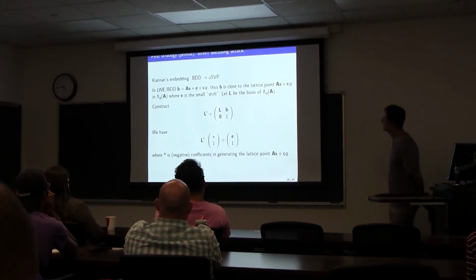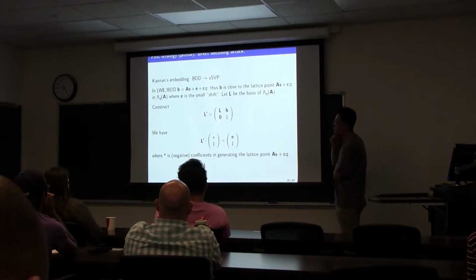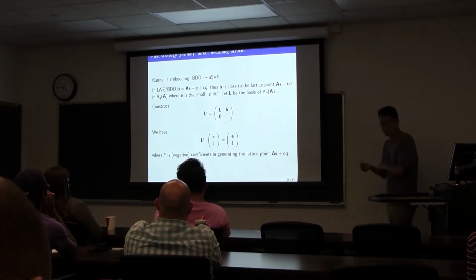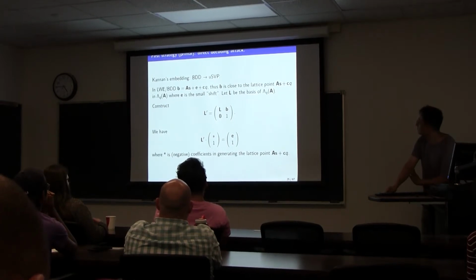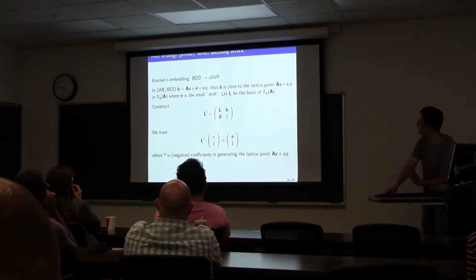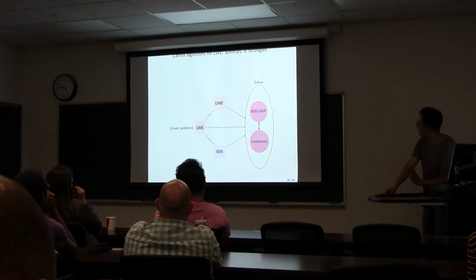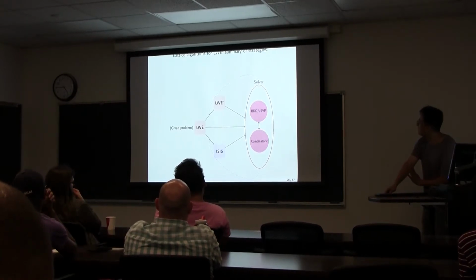The takeaway is that there's a general technique to convert this BDD problem into a unique SVP problem, so we can use a unique SVP solver to solve this problem. That was the most standard technique to solve this directly.